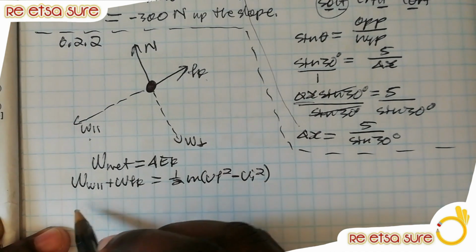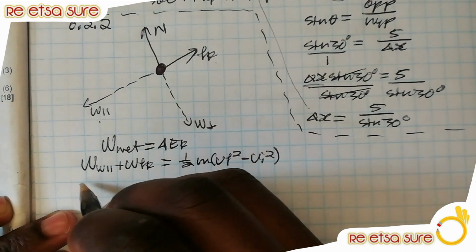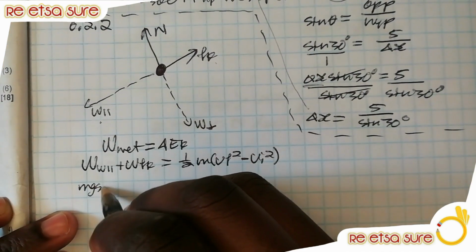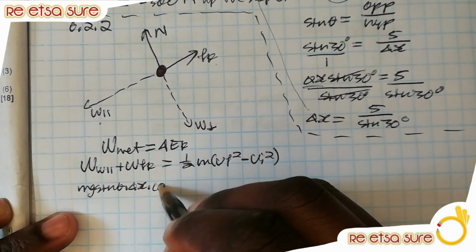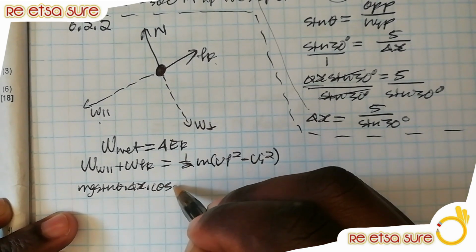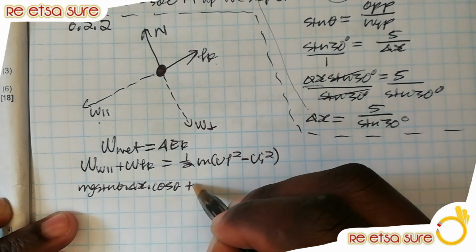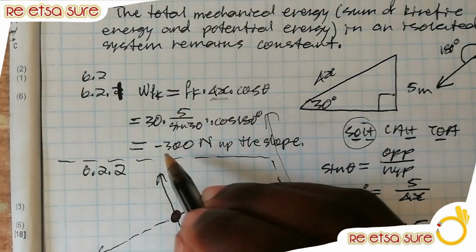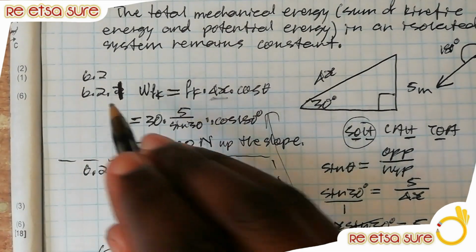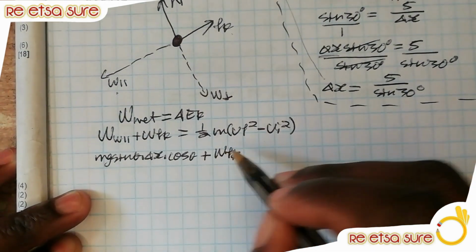Now W parallel is mg sine theta. So we have mg sine theta times displacement times the cosine of the angle between the force and the displacement, plus work done by friction. Work done by frictional force is the one we calculated in 6.2.1, so we don't have to expand this formula.